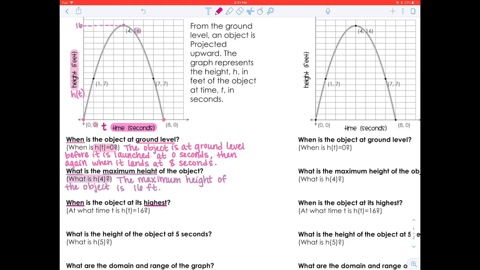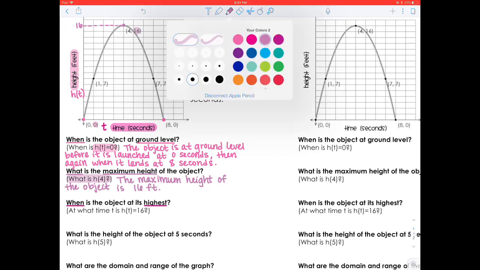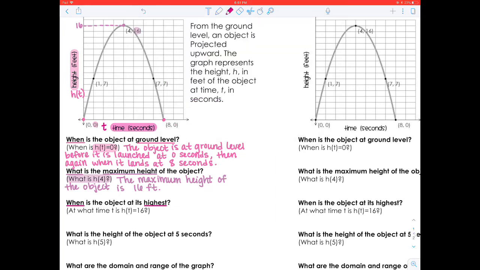When is time. So same thing, look at that height of 16, and we already know that the t value that goes with that is 4. Right here, that is 4. So it's at its highest after 4 seconds.